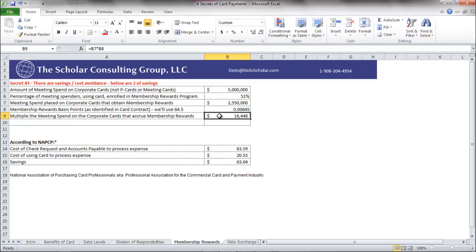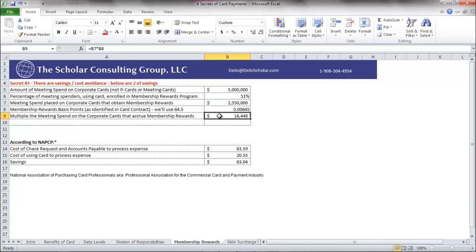This amount is actually deducted from the organization's total rebate from the card company. So the organization is losing this amount because people are paying for meetings and events on their corporate card. P cards and meeting cards do not accrue points.